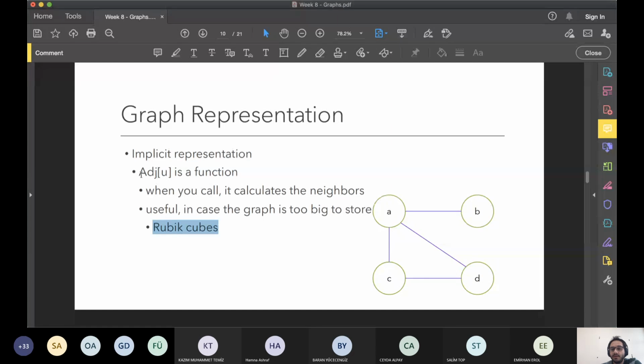It is much more convenient in some cases, such as when the graph is too big, for example Rubik's cubes. Any question about this so far? How we can represent graphs, what the edges are, what the vertices are?